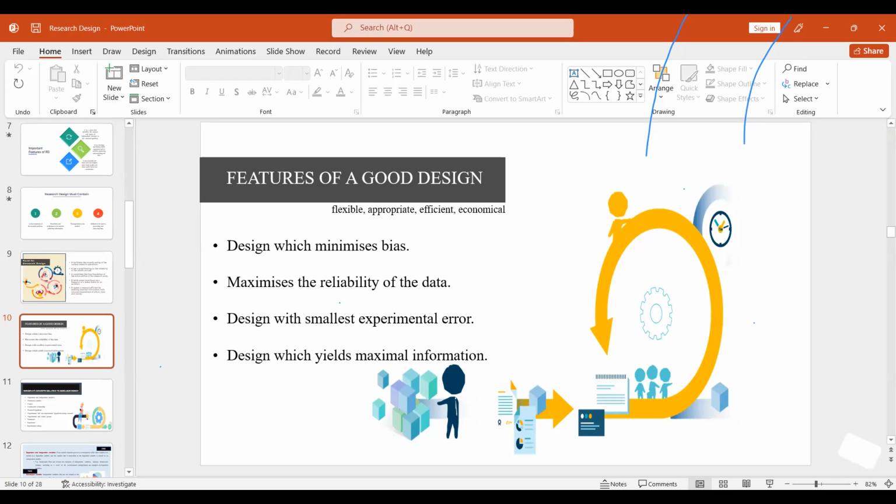Another feature is a design with the smallest experimental error, and a design which yields maximal information.